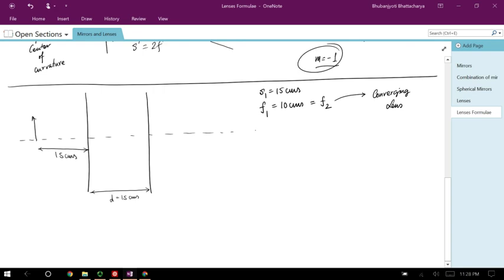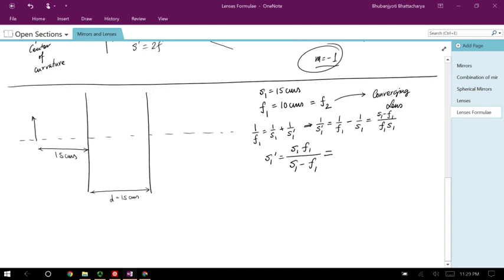All right, so now let's apply the formula: 1 over F1 is equal to 1 over S1 plus 1 over S1 prime. That tells us that 1 over S1 prime is equal to 1 over F1 minus 1 over S1, which is equal to S1 minus F1 in the numerator over F1 times S1. So S1 prime is equal to S1 times F1 divided by S1 minus F1.